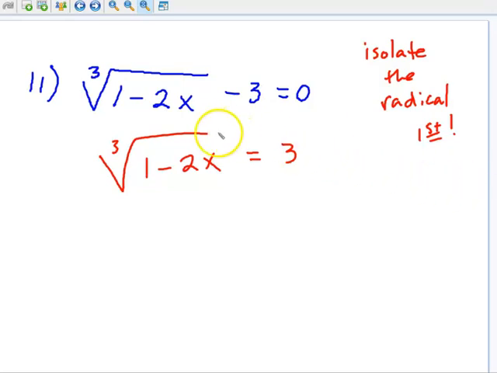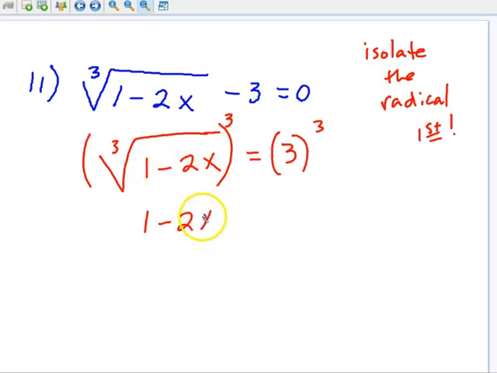All right, that's an important first step. Now we're going to get rid of or undo the cube root of by cubing, and we're going to do that on both sides. So the effect on the left side is to get rid of the radical. So we're left with just 1 minus 2x, and 3 cubed is 27.